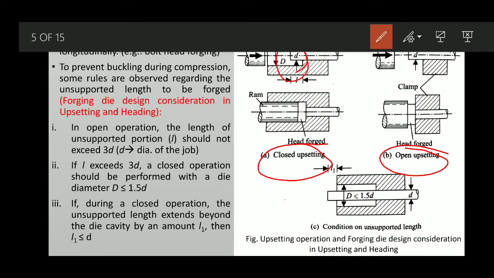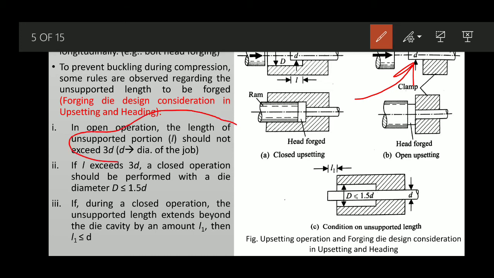This mass portion held outside the support of the die or the clamp is the unsupported portion, denoted by the length L. The same holds here. The diameter we are talking about is the initial diameter, not the diameter of the head. So it should not exceed thrice.